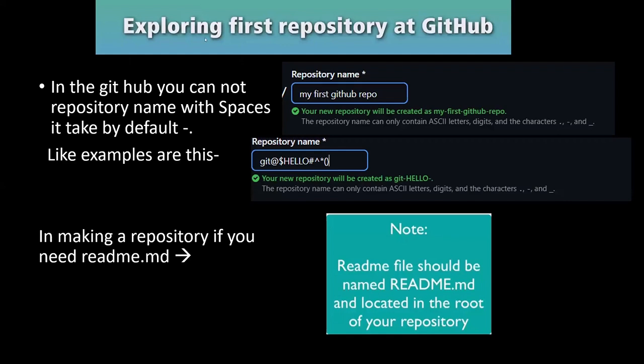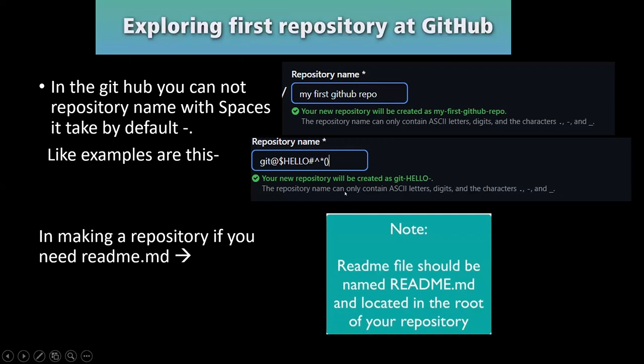In GitHub, you cannot have a repository name with spaces; spaces are replaced by default. If you have spaces in between, for example in this GitHub hello, it will treat it as git-hello with hyphens.